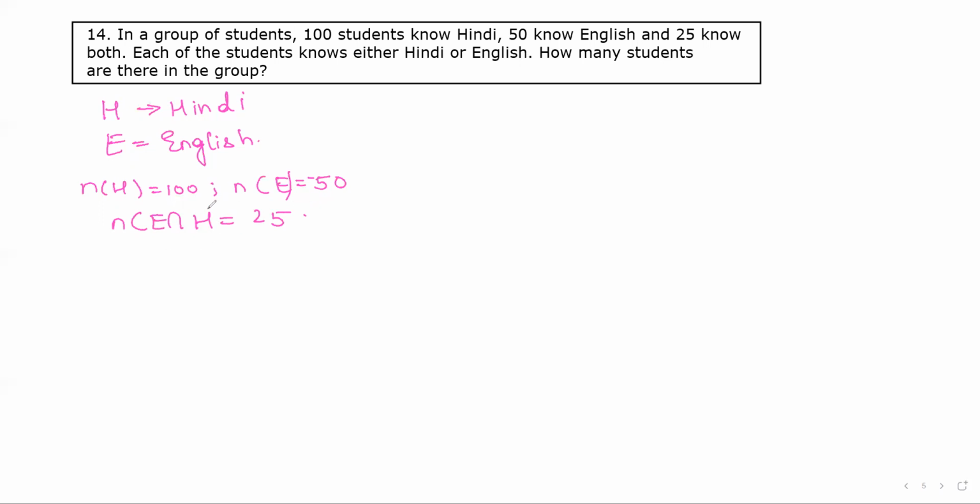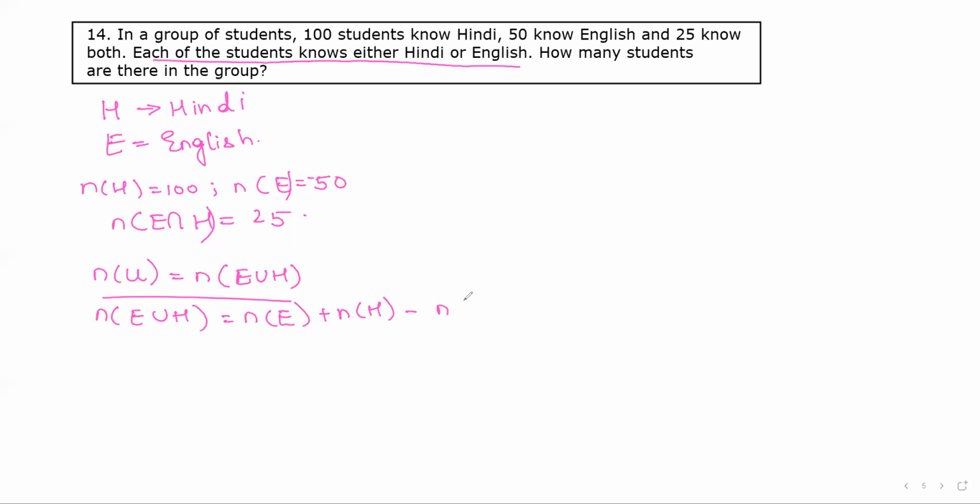So your n of U will be equal to n of E union H. This is given in this statement. n of E union H is equal to n of E plus n of H minus n of E intersection H, equals 100 plus 50 minus 25, which is equal to 125. This is your answer. Next.